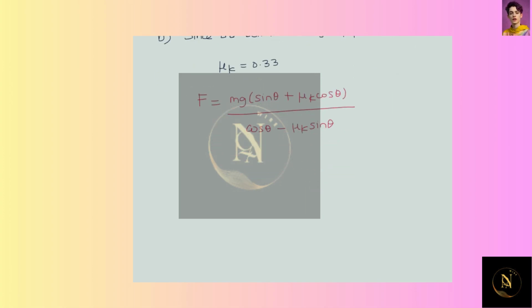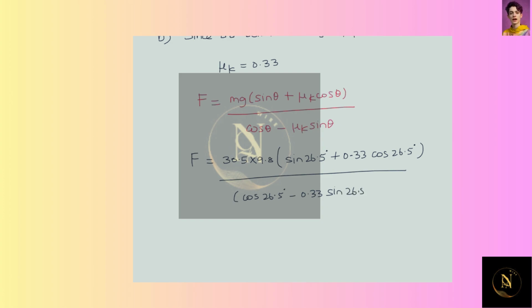Substituting the values, we get force is equal to 30.5 into 9.8 into (sin 26.5 degrees plus 0.33 cos 26.5 degrees) divided by (cos 26.5 degrees minus 0.33 sin 26.5 degrees).